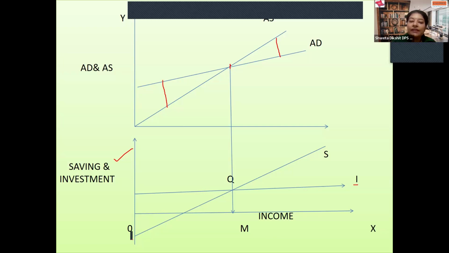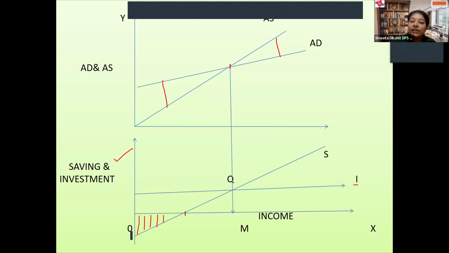Now you see saving is initially starting from the negative quadrant, or the value is negative. This situation is known as dissaving. So initially you can see that saving is negative. Then saving starts rising. Earlier it becomes 0. Then it starts rising to positive.